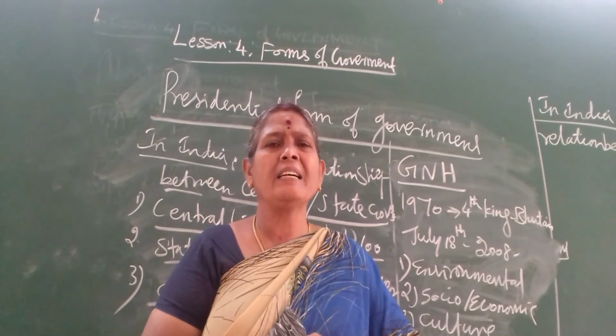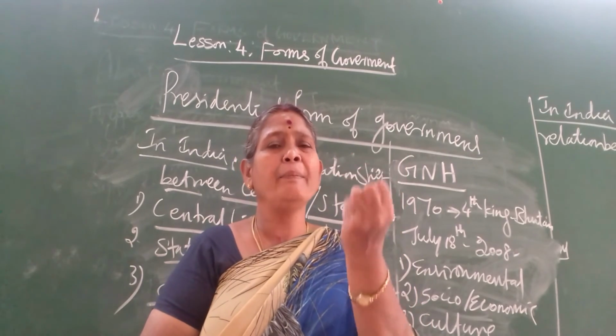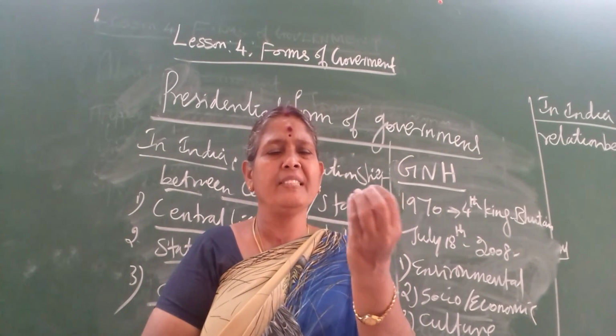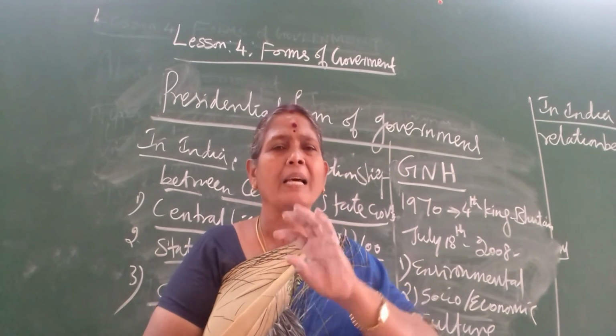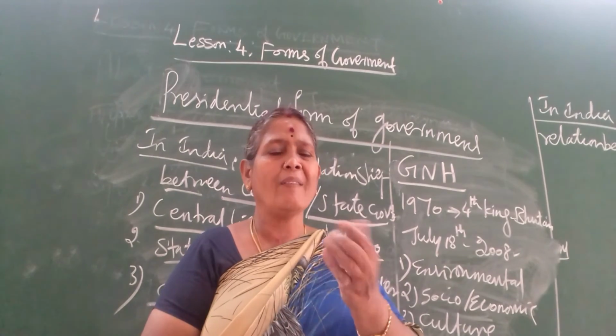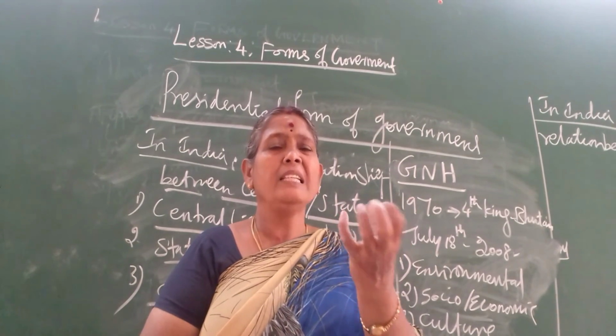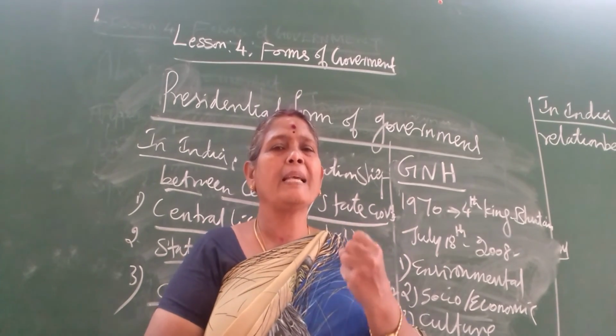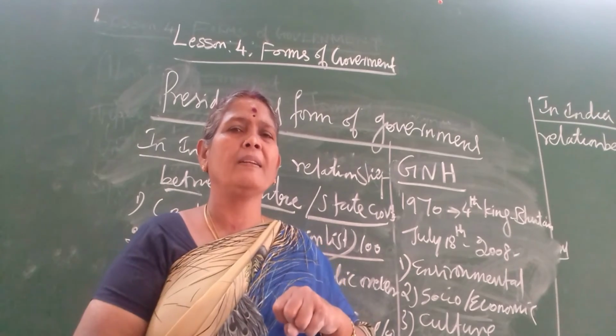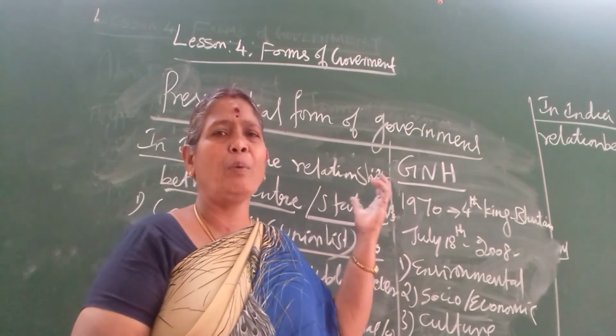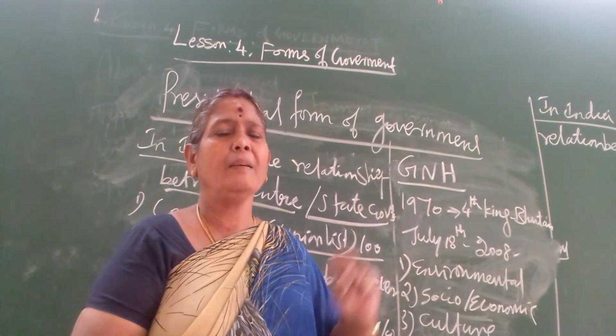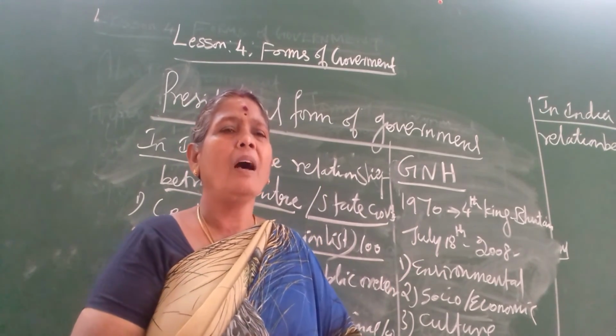Now in India we assimilate all the features which are applicable to our administration. So our constitution has incorporated such advantages. So this is why we see the difference between the forms of government.